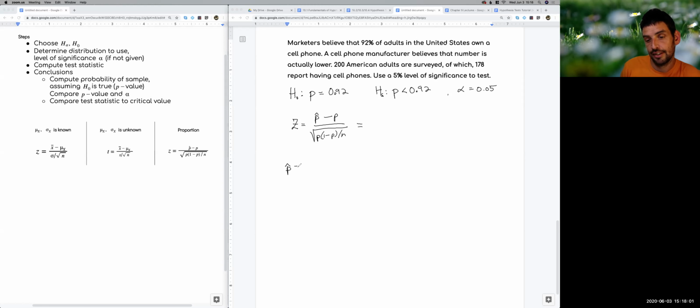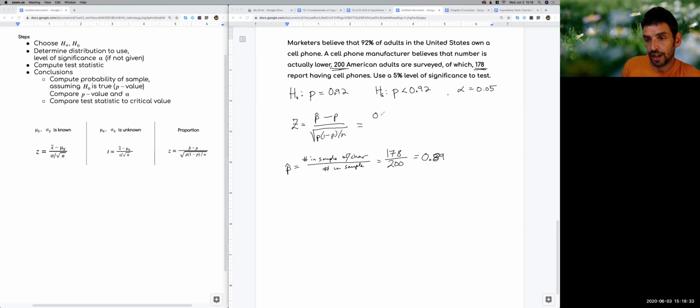P hat is going to be the number in the sample with the characteristic divided by the number in the sample. So in this case, that is 178 out of 200. So 178 of the people sampled have cell phones out of 200, which gives us a sample proportion of 0.89.